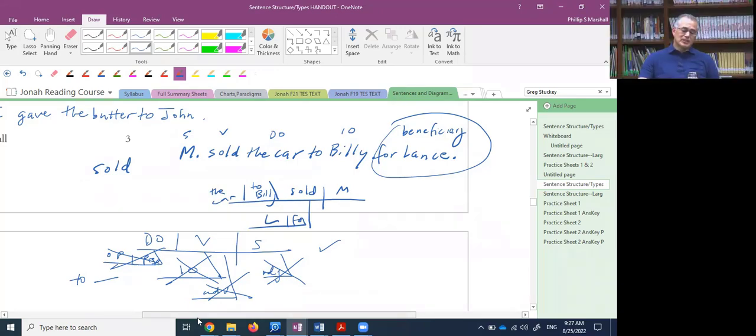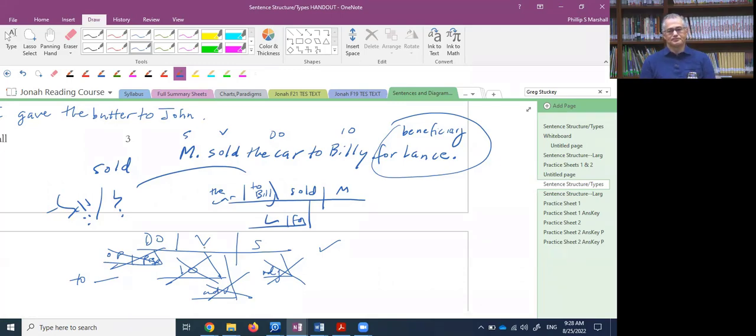Yeah, in Hebrew you're going to see the preposition lamed, le, or the preposition el. Those will be the prepositions that mark indirect objects. Now, in Greek, you could have a preposition, or you could just have a noun in the dative case, and there won't be a preposition at all. Okay, that's helpful. Thank you.